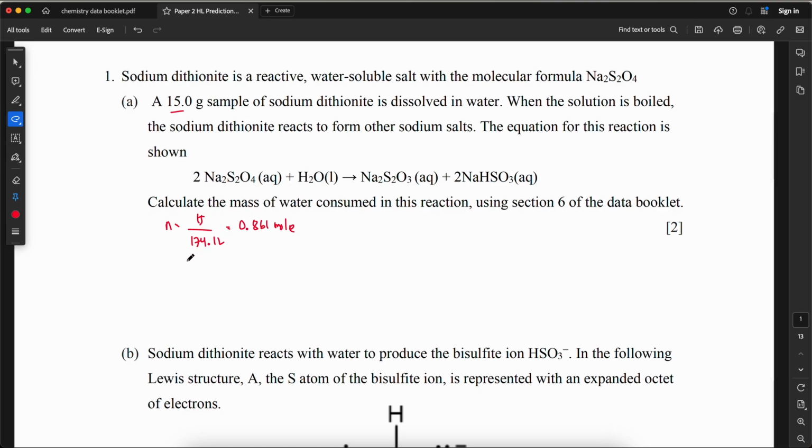The coefficient is 1, so moles of H2O would be half of the moles of sodium dithionite, which is 0.0431. So now we can calculate the mass of water, which is 0.0431 times 18.02, and you get 0.776 gram of water.